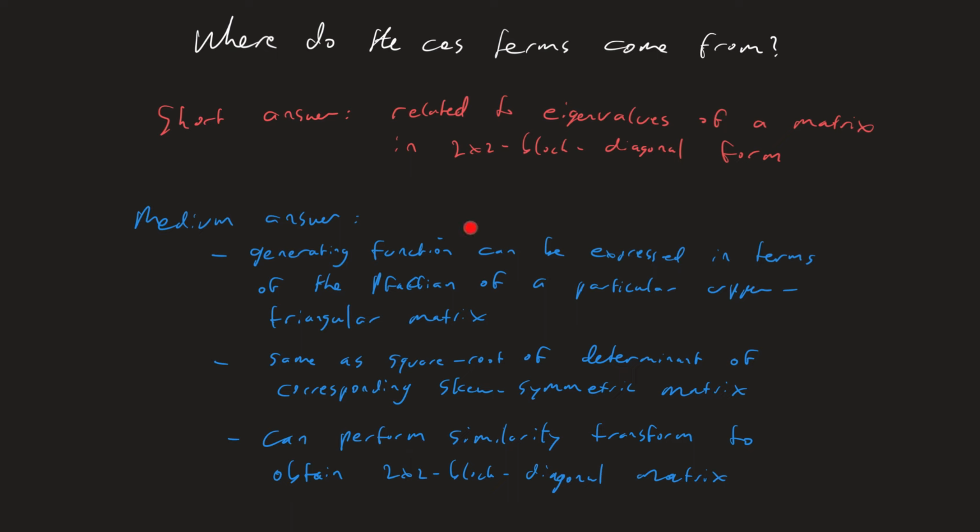Each term in the generating function tells us how many tilings are possible in a certain arrangement. This generating function can be expressed in terms of something known as the Pfaffian of a particular upper triangular matrix. The Pfaffian is just the same as the square root of the determinant of a corresponding skew-symmetric matrix.